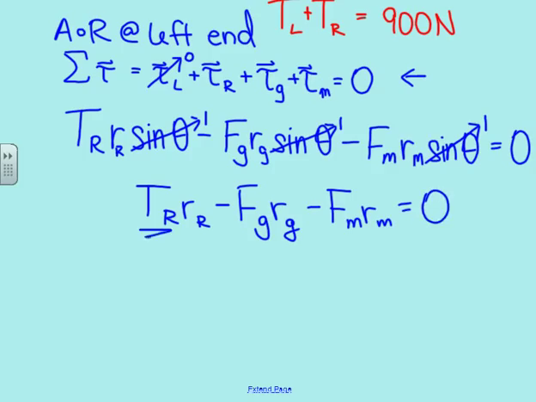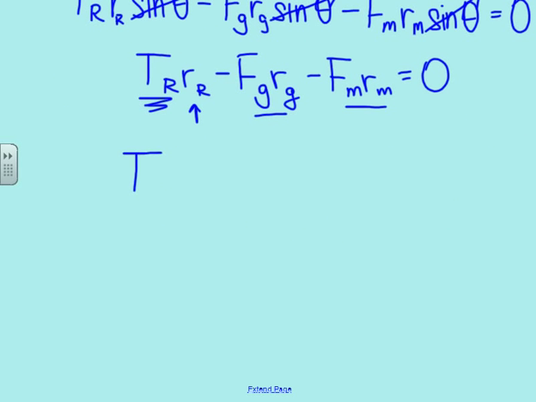To solve for this tension, I will add these two terms to the other side, and then I'll divide both sides by this radius. So that this force of tension is equal to Fg Rg plus Fm Rm divided by the radius for that right tension.